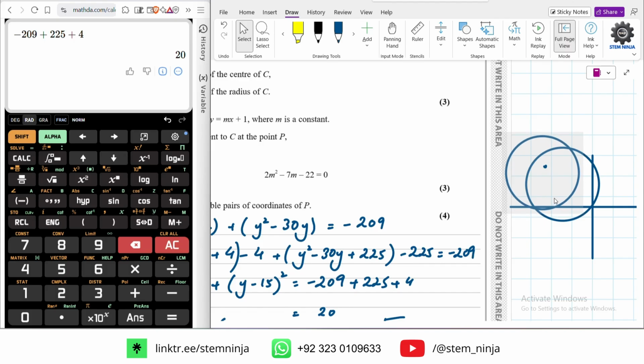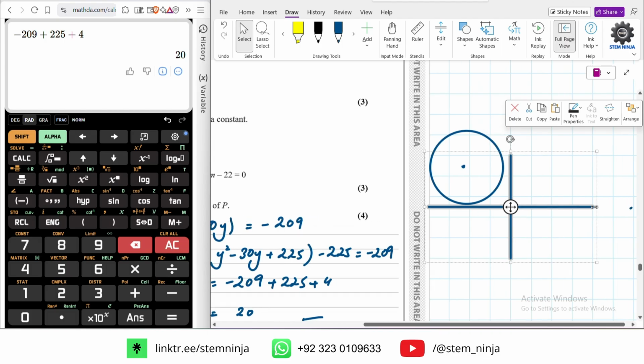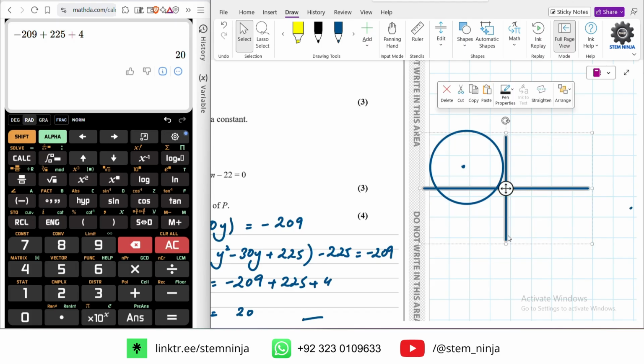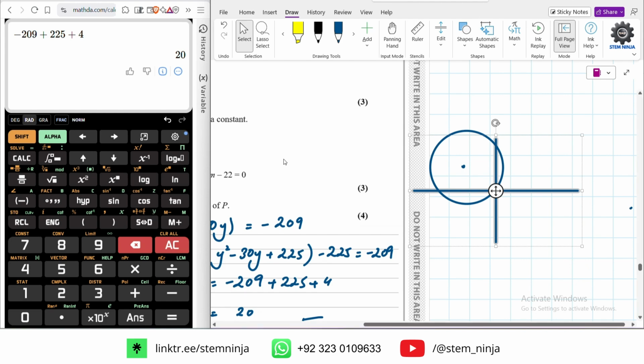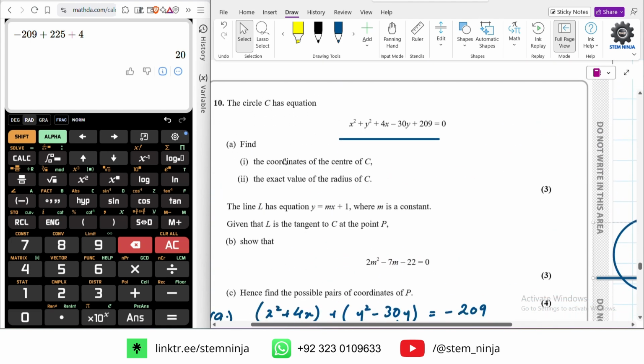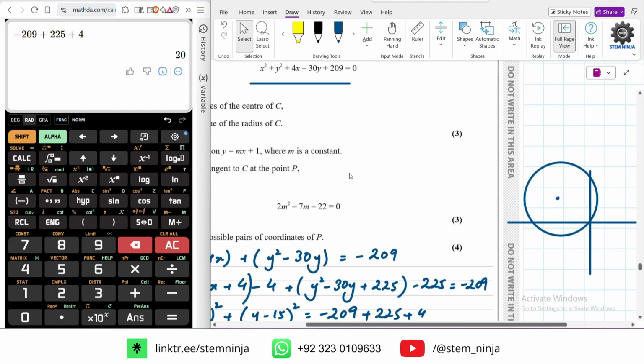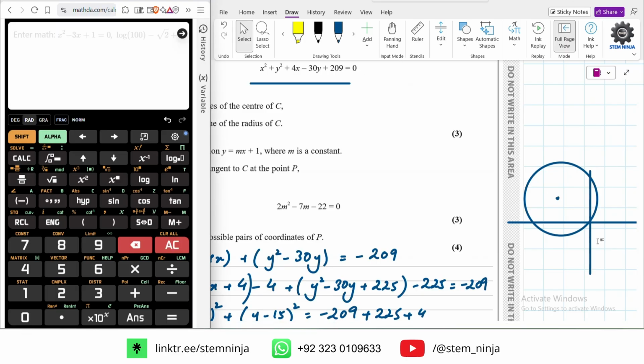Let's assume that it's cutting the x-axis somewhere, somewhat like this, I don't know. I think we can find out. So let's see. Plug in x = 0. You get y squared minus 30y plus 209 equal to 0. I don't want to solve this, we just need to see how this would look.